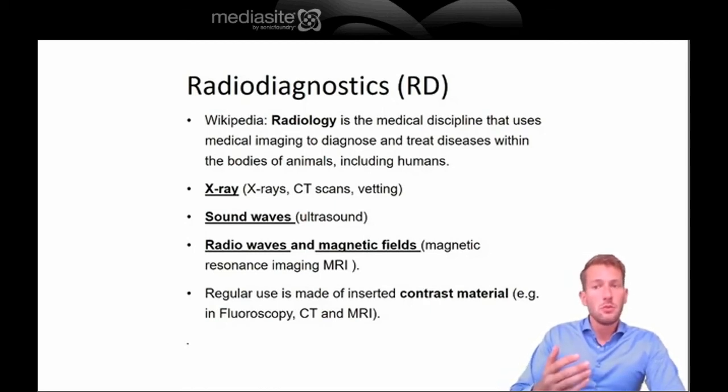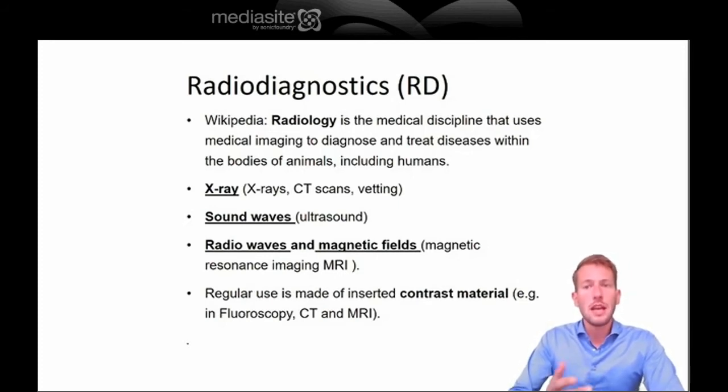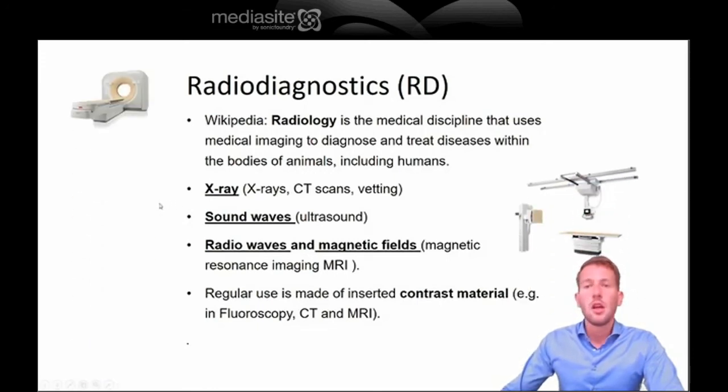When it comes to radiology, there's a great variety of techniques. First, there is a bucky, which is the X-ray room where static X-rays are made. Second, we've got a CT scanner, which uses X-rays to make computer rendered images of the body.